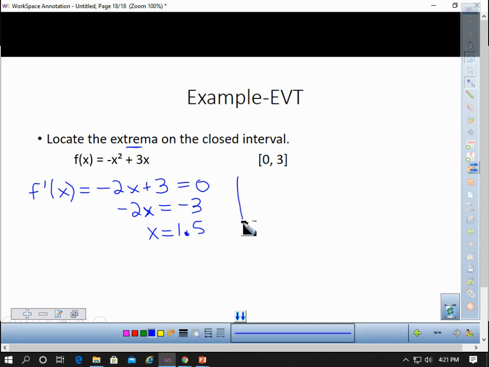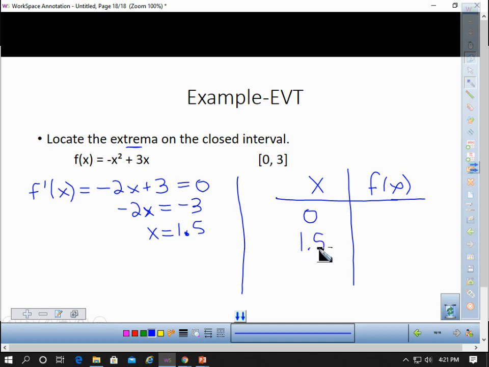Now I have to make a test. When I taught you last year, I taught you to make a table. We put all of our critical numbers in here and plug them into our function to see who wins. I'm going to plug in my endpoints and my critical number to see who wins the race. Whoever's the highest will be the maximum, whoever's the lowest is a min.